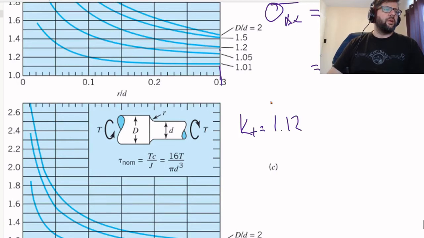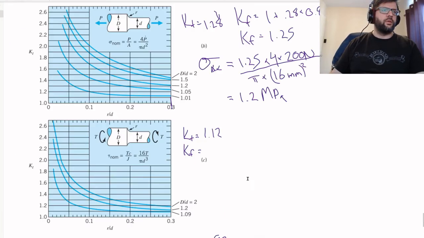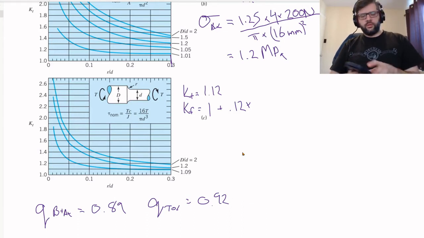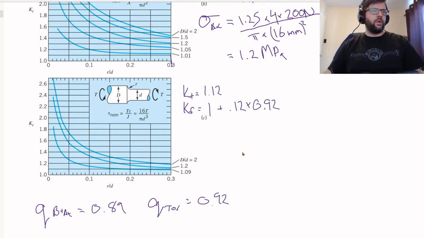KF therefore is equal to 1 plus 0.12 times the Q value, 0.92. 1 plus 0.12 times 0.92 gives us a KF equal to 1.11.